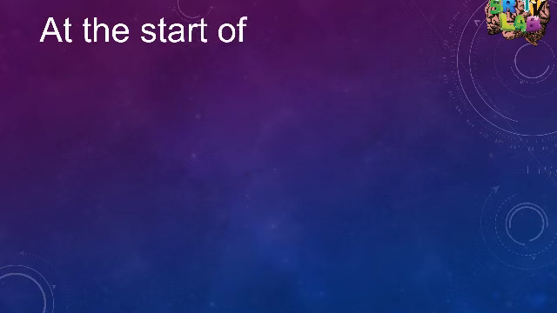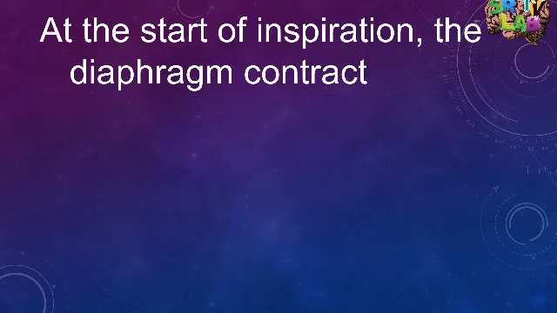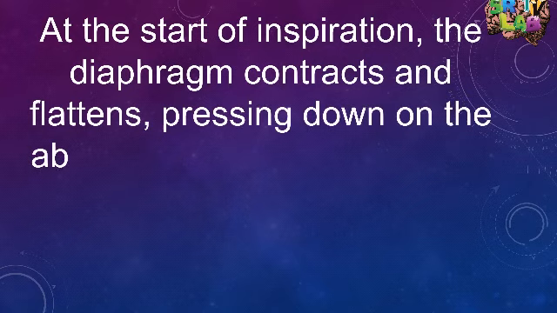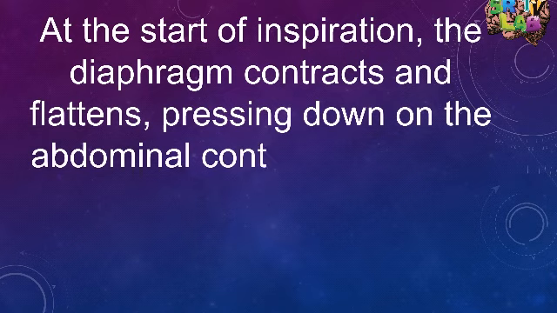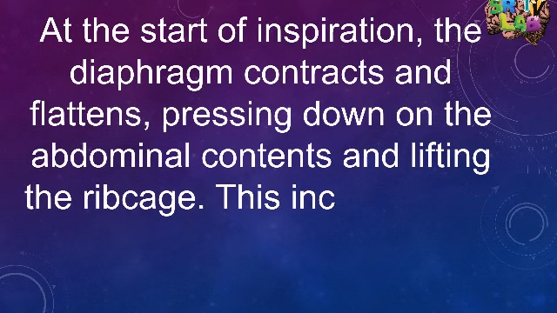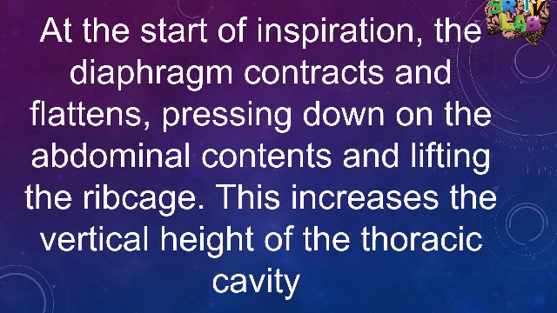At the start of inspiration, the diaphragm contracts and flattens. Then it presses down on the abdominal contents and lifts the rib cage. This will increase the vertical height of the thoracic cavity.